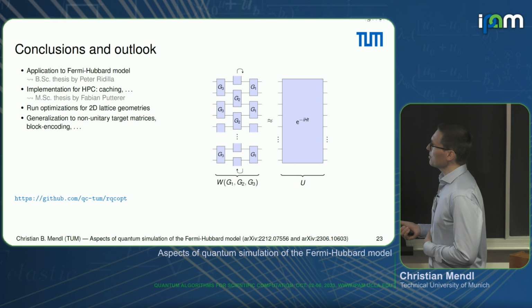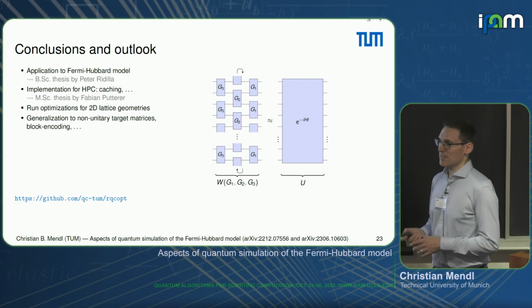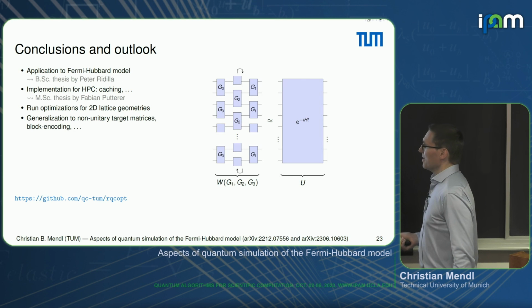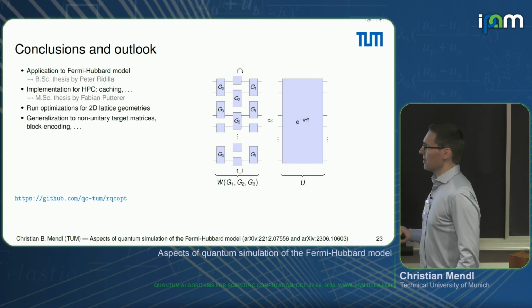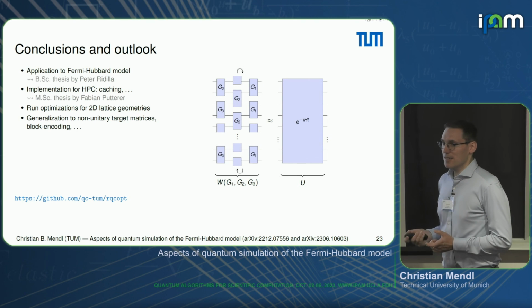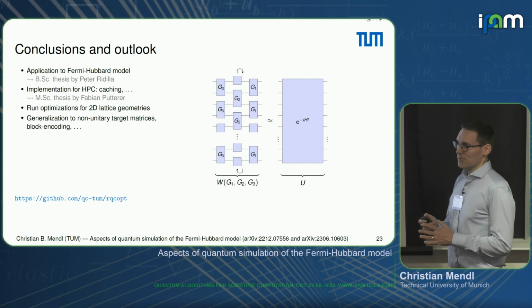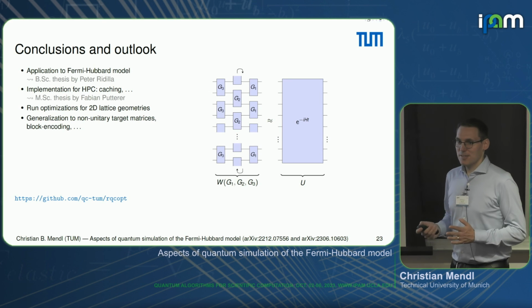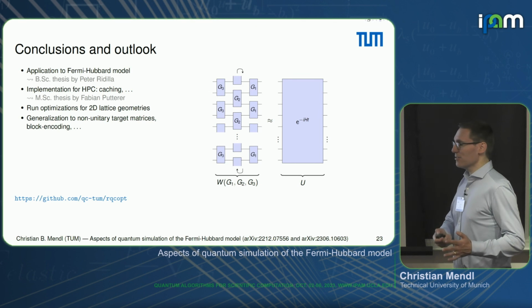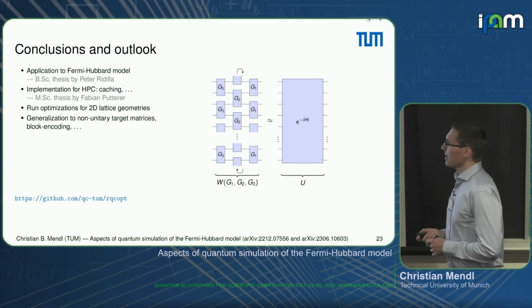One thing we also want to do, or have partially done, is think of how to make this run on HPC systems, in the sense of just optimizing the code. Let's say use caching, and this is also very interesting by itself, because there come in some ideas from machine learning, in the sense of using some kind of back propagation, but this just comes out automatically if you just want to reuse your computation results.